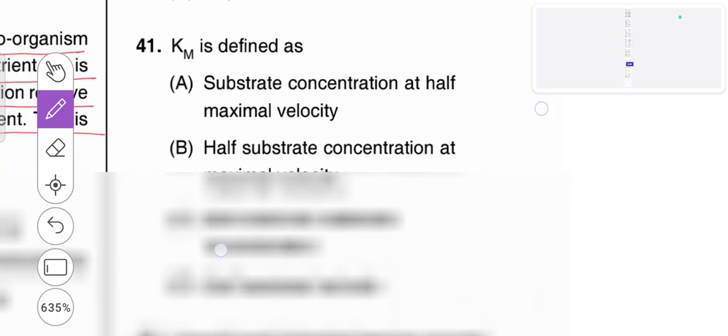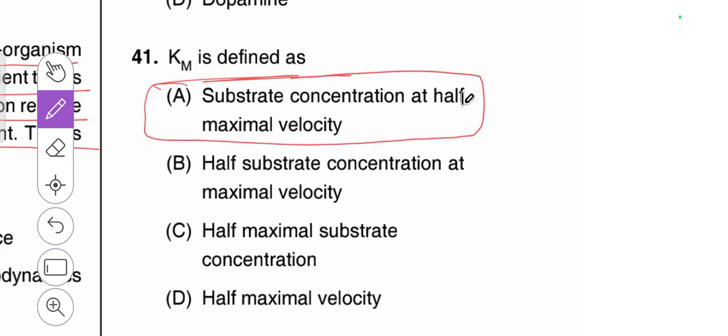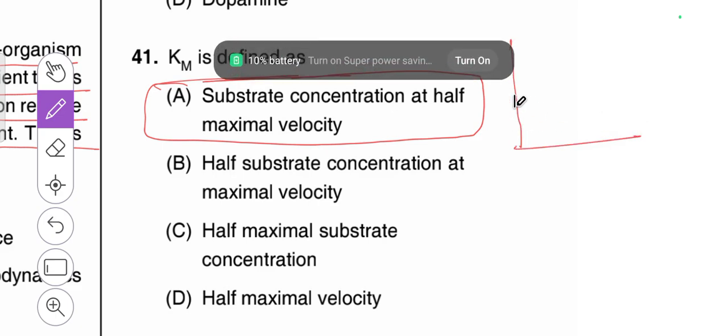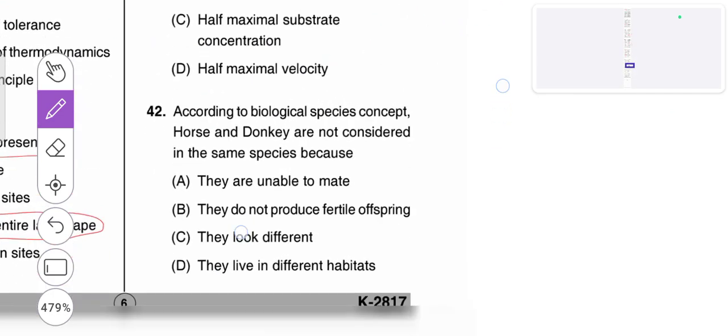Then next one, Km is defined as, Km means the Michaelis-Menten reaction, where the substrate concentration is at half maximal velocity. So this is Km. So A is the right answer.